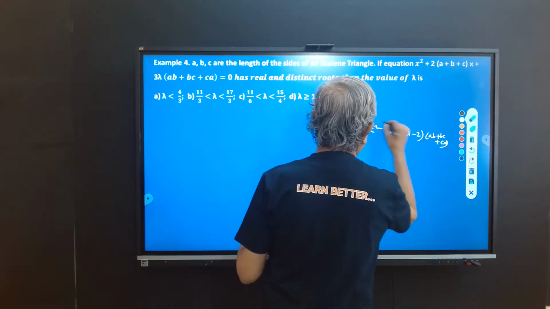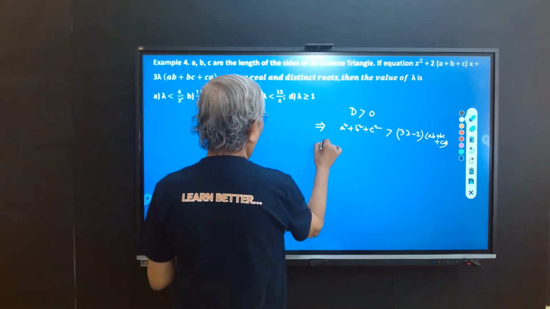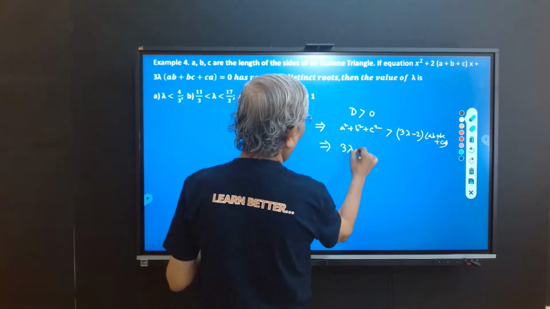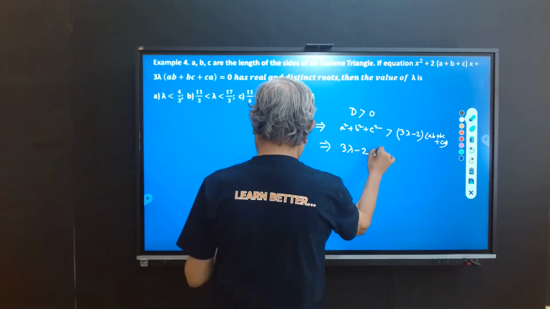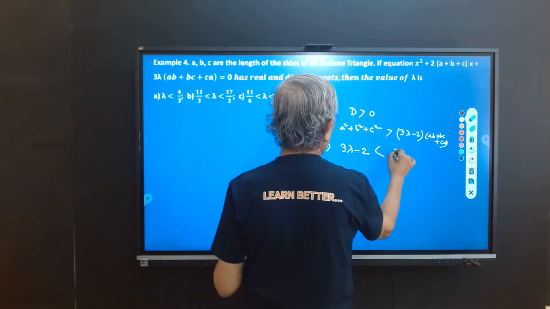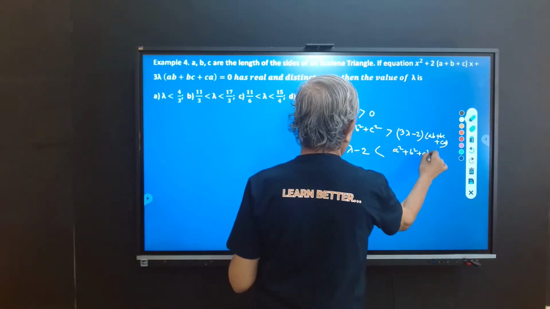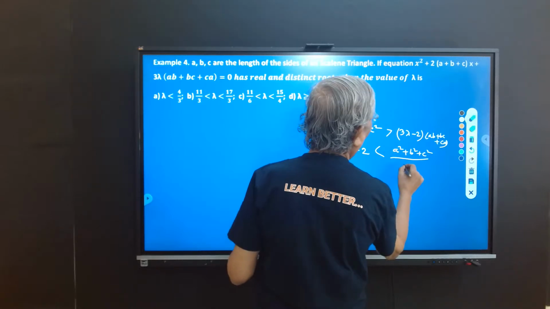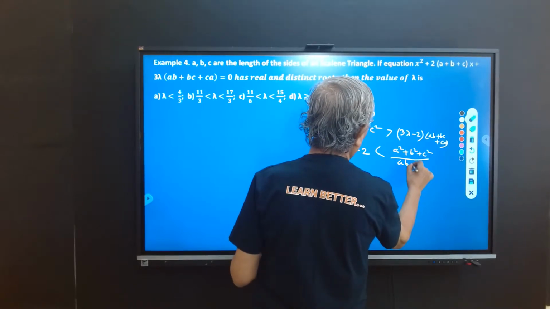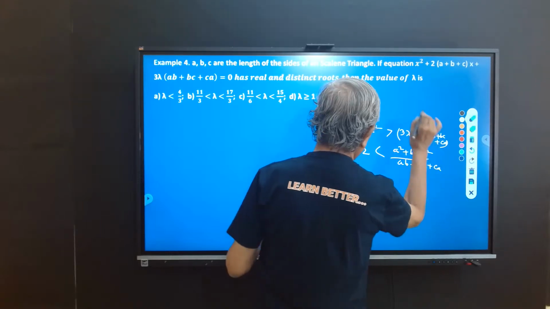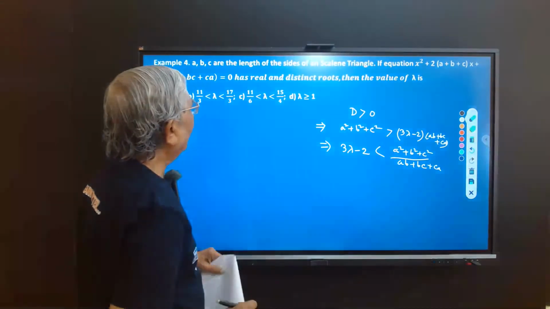We will get this result from this. And at once you can write 3 lambda minus 2 into ab plus bc plus ca is less than a square plus b square plus c square. I am giving you hints. We'll solve this problem. First you proceed this way.